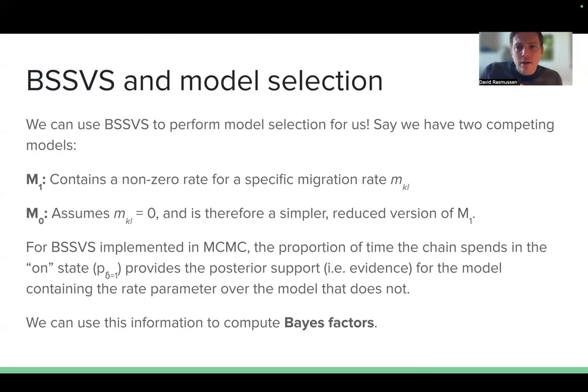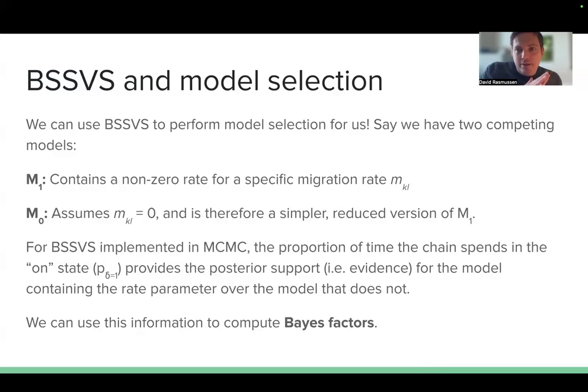In this case, when we think about alternative models, basically what we're thinking about for each possible rate parameter is two possible models. Model M1 contains a non-zero rate for a specific migration rate, say between populations K and L, and model 0 assumes that that same rate is therefore 0. So we can think of model 0 as a special case or reduced version of model 1.